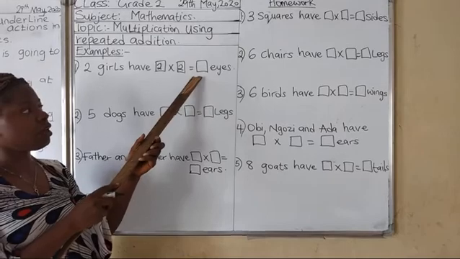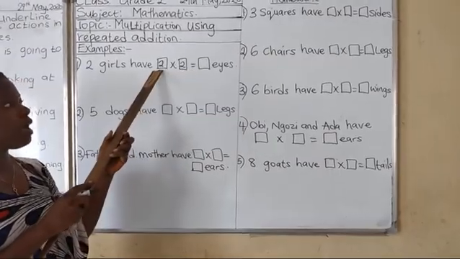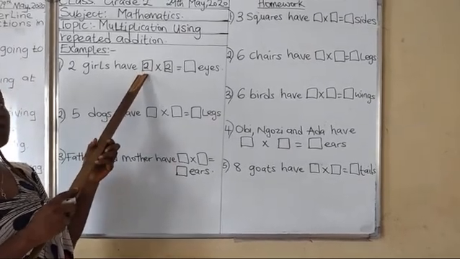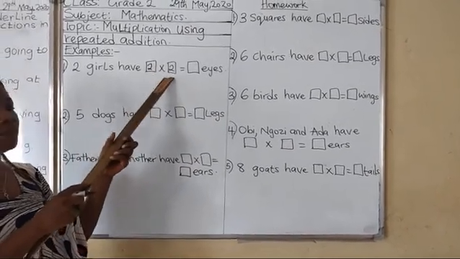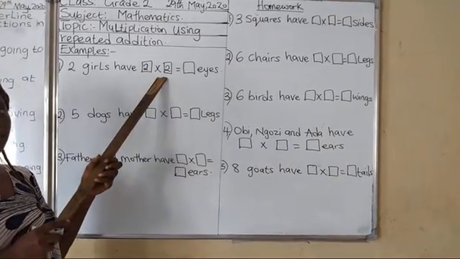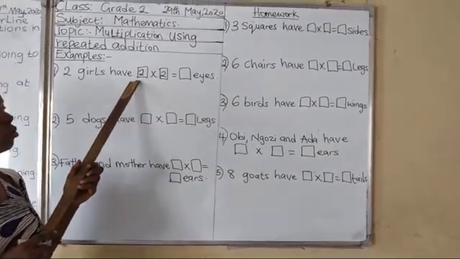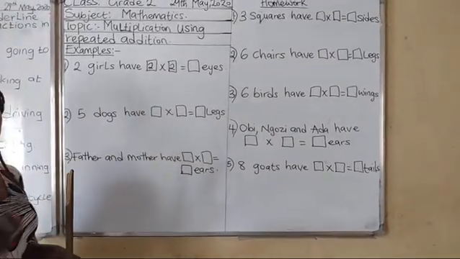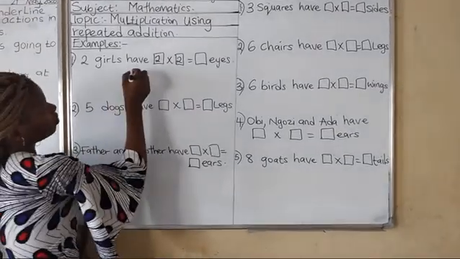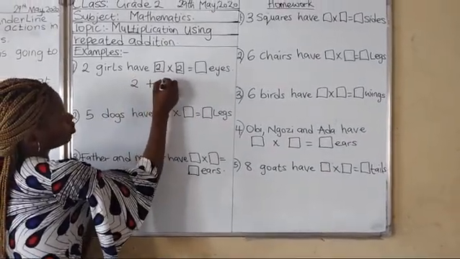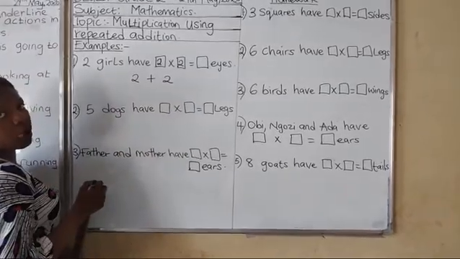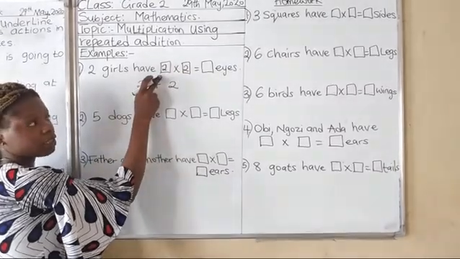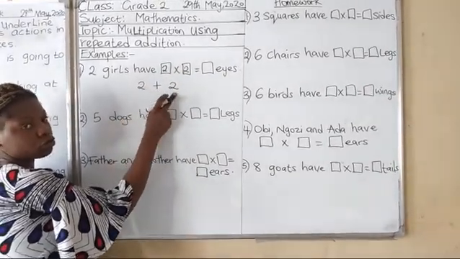For you to get your final answer, you multiply 2 by what? 2. 2 times 2 simply means what? 2 into 2 places, or 2 into 2 groups. 2 groups of 2. 2 plus 2. 2 times 2 simply means bringing out these 2 into 2 places, which is 2 plus 2.